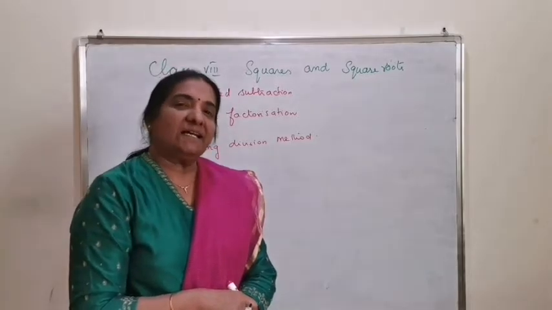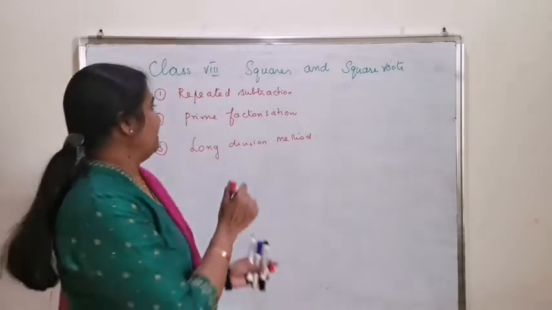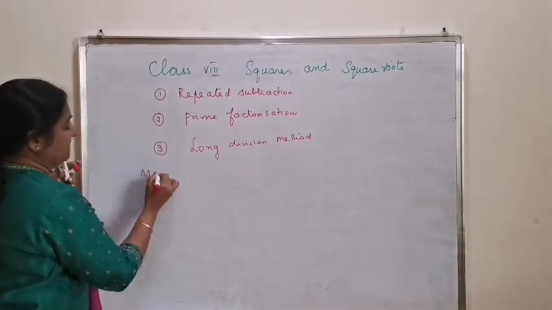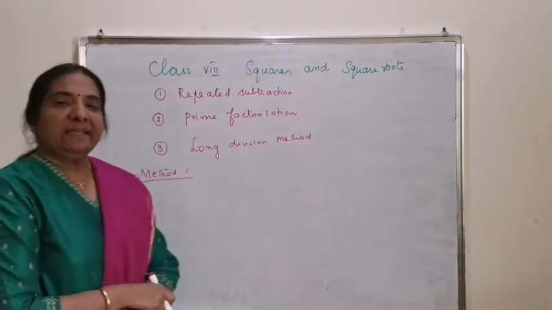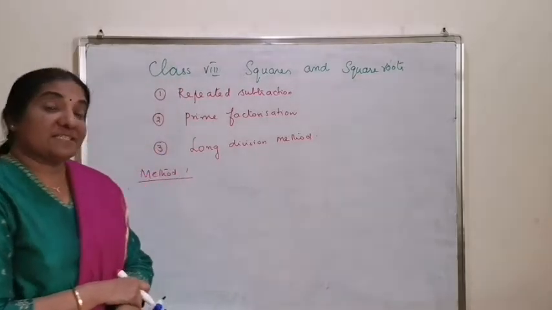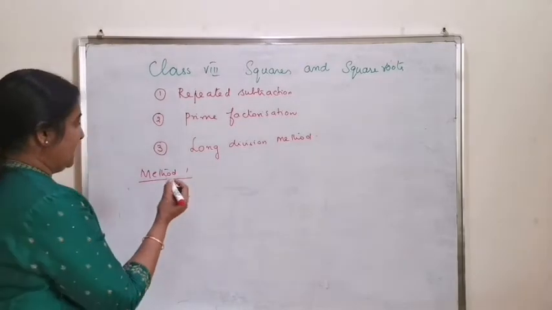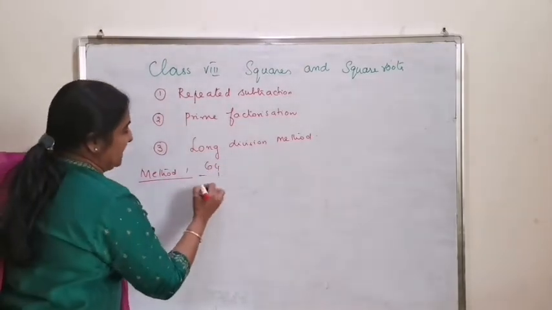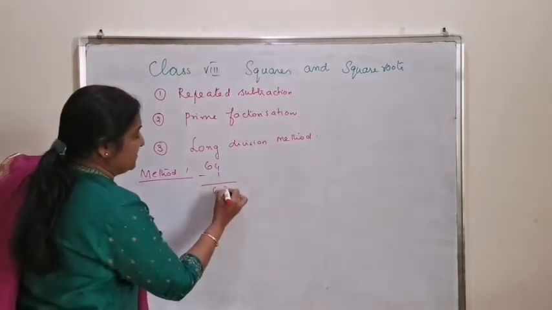Let us take the example of 64. The first method: find the square root of 64 by repeated subtraction. 64 is subtracted by the first odd number 1, giving 63.